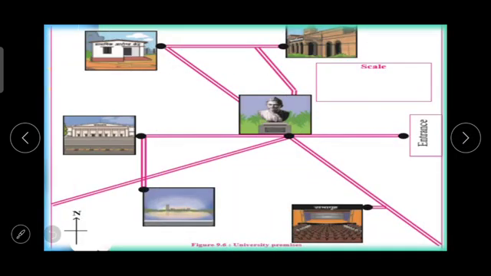Figure 9.6, university premises. In this, some locations within the premises of a university are given. The distance between the statue, here you can see, and the entrance gate is 0.5 kilometer.